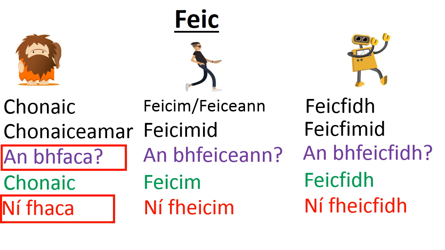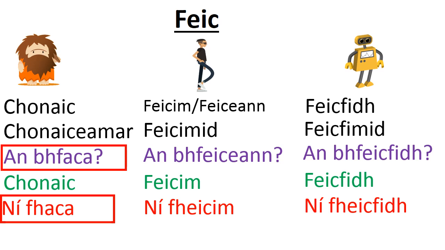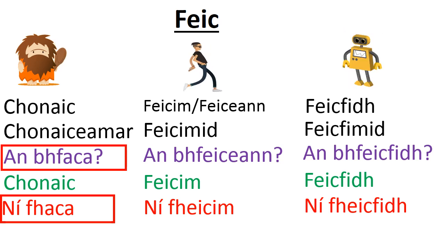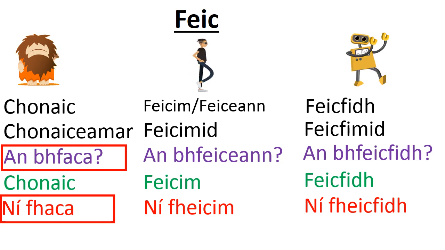Okay, so this week you're going to be writing sentences on this, and Fiona and I are going to suggest that you try and throw another verb in there as well, because you go places to see things. So we're going to suggest you use the verb téigh in your sentence as well. Here's an example. Chuaigh mé go dtí an scoil agus chonaic mé mo mhúinteoir.